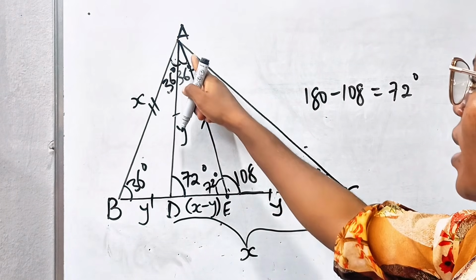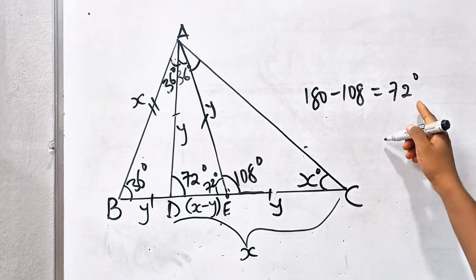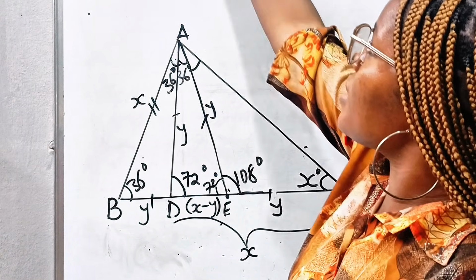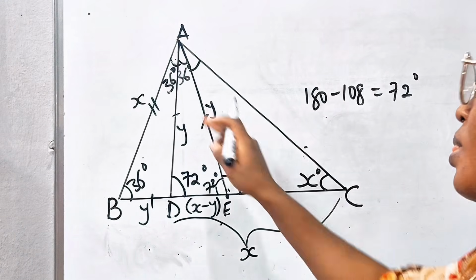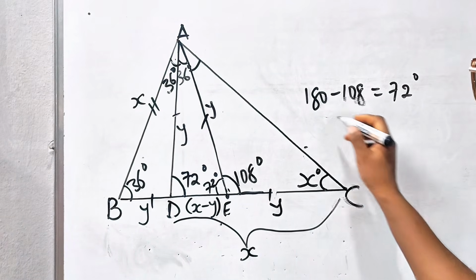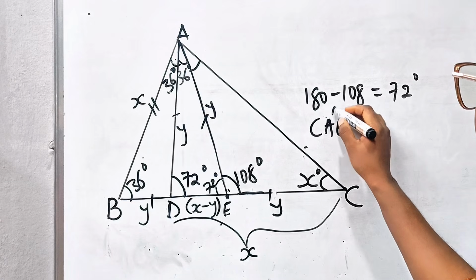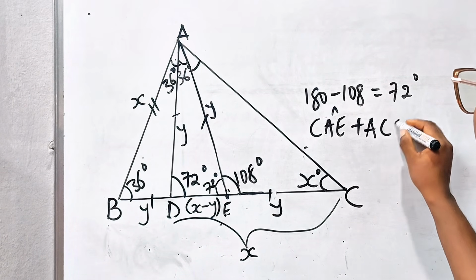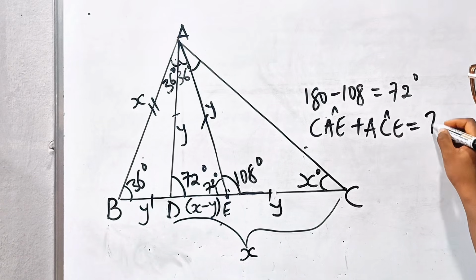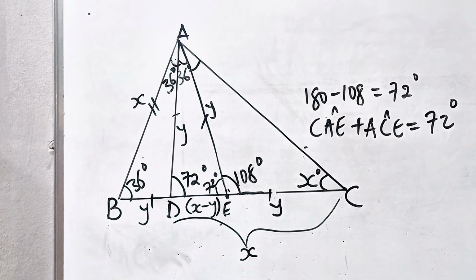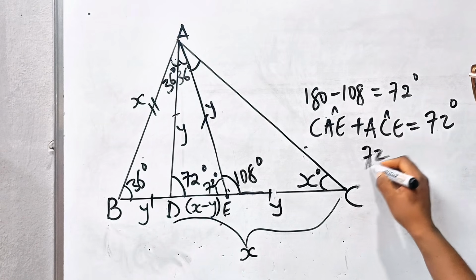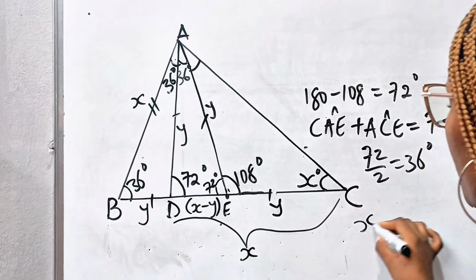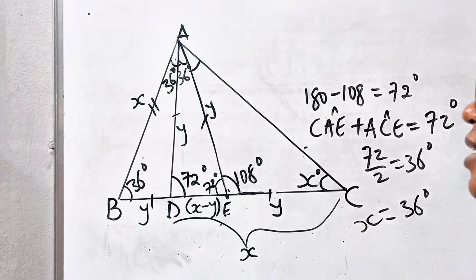So it means that angle CAE plus angle ACE will be 72 degrees, and they are equal. Alright? So if we divide both by 2, we have 36 degrees. So it means that X is what? 36 degrees. And that is the answer.